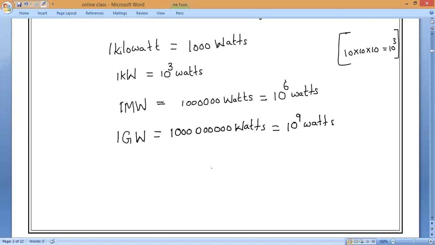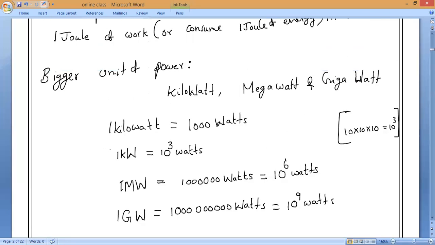So these are the bigger units of power. What is the SI unit of power? Watts. And bigger units are kilowatts, megawatts, and gigawatts. Anyone having any doubt, please kindly ask. If not, I will go to the next one. Clear? Completed?